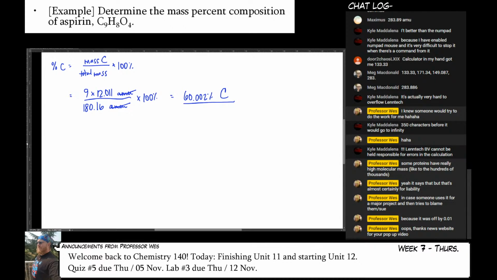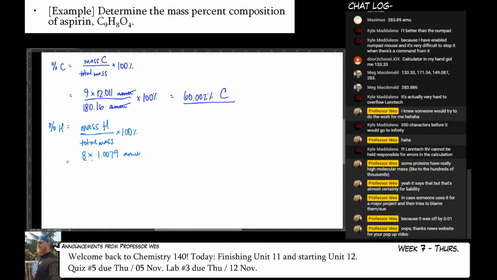All right, let's do the same thing with a different element. Let's do hydrogen. Same formula, except in this case, we're going to be looking at the mass of hydrogens instead of the total mass. There are 8 hydrogens in here, so I'd go 8 times 1.0079 AMU.